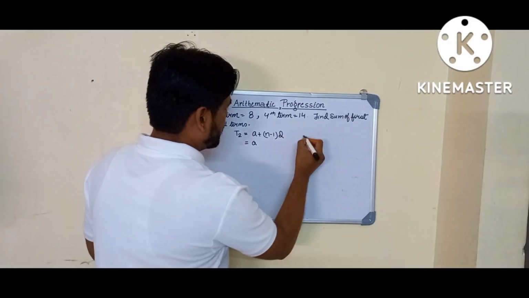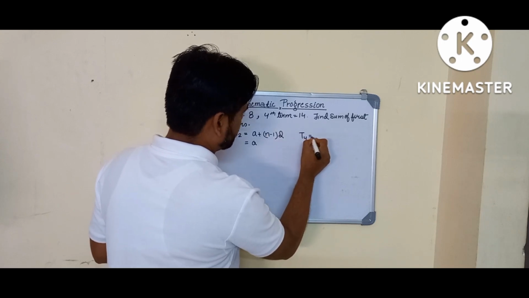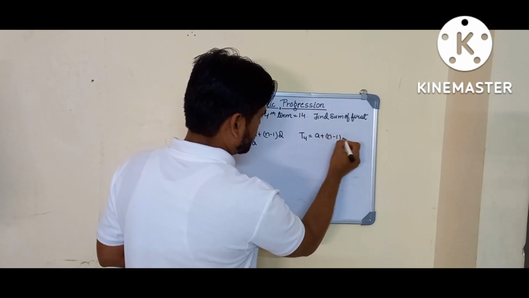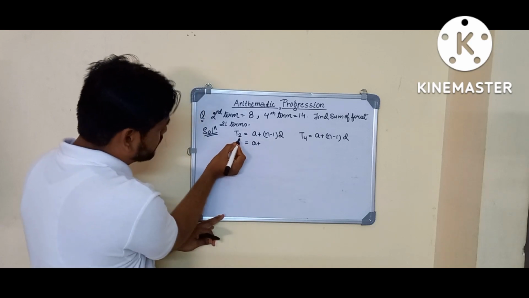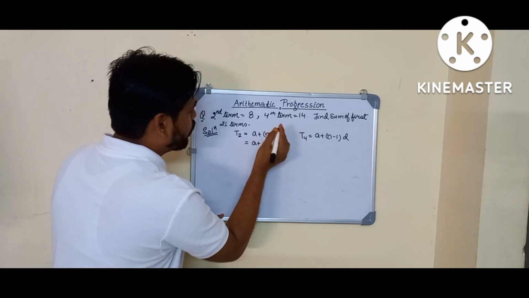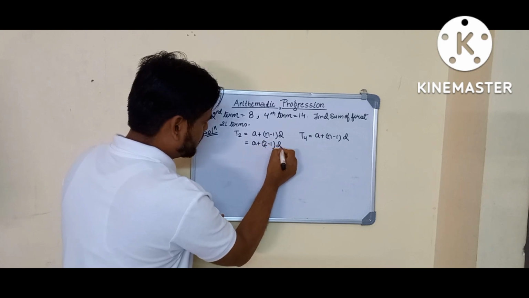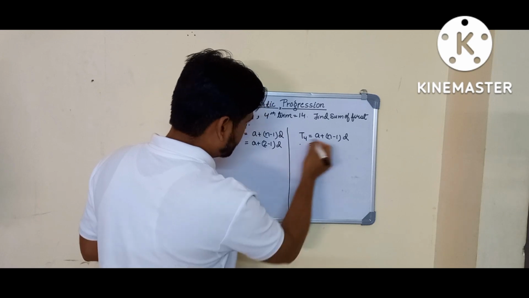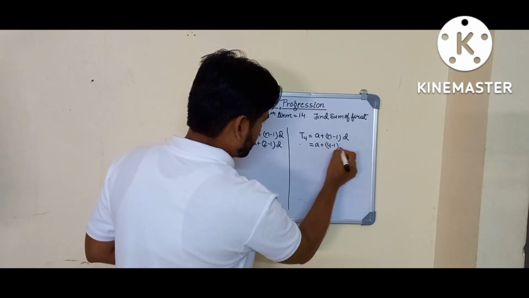In the other case we have been given the fourth element, so a plus n minus 1 into d. Putting in the values, for the second term n will be 2, so 2 minus 1 multiplied by d, and the same thing applies for the fourth term, which becomes a plus 4 minus 1 multiplied by d.